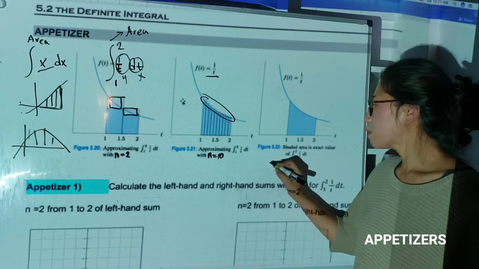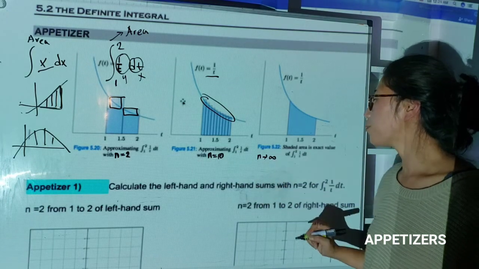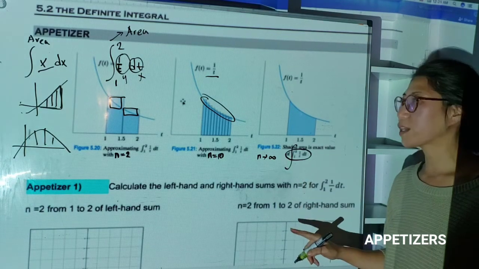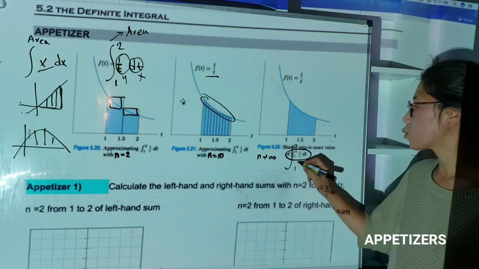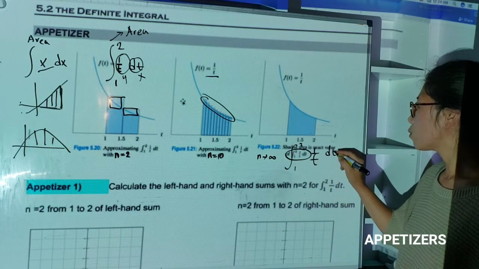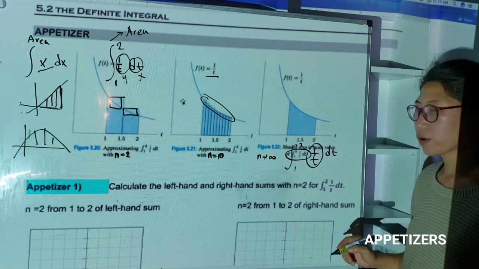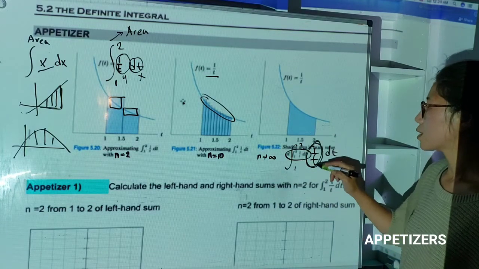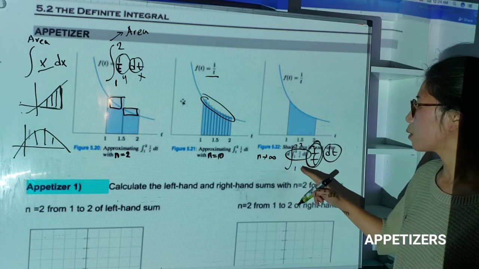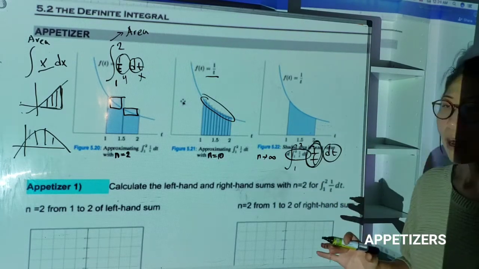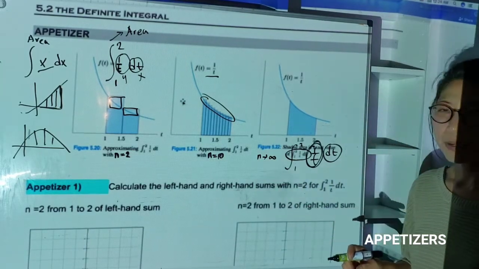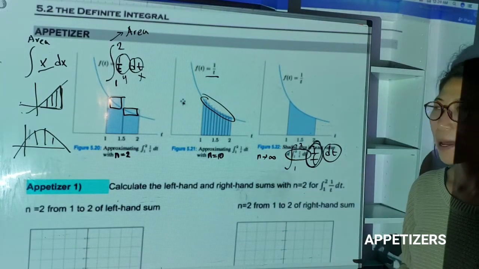If I make n infinity, that becomes this notation, which I will explain in our main dish: the integral from 1 to 2 of the function 1 over t, the area under this curve. You can think of it as height times base, and I'm going to have so many of them from 1 to 2. Please try to listen to all my explanations, because that will make it so much easier. Let's look at our appetizer first.